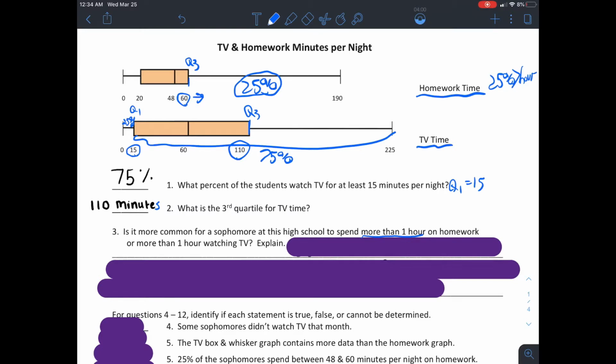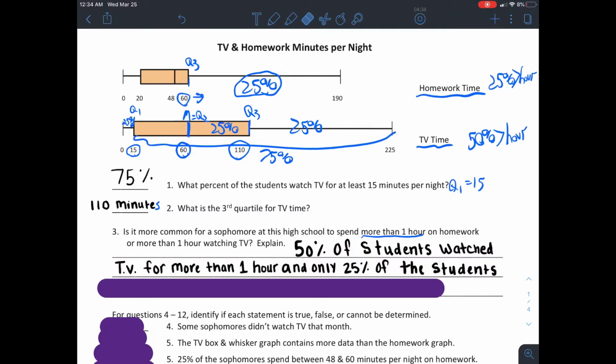And what about watching TV? 60 minutes is our median or our Q2 for TV time's plot. This means that 25% fall between the median and Q3 and 25% fall between the Q3 and max. So 50% of students are watching over an hour of TV.